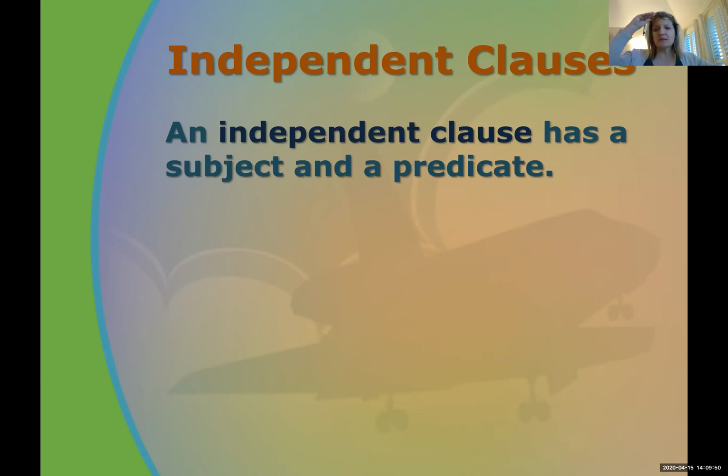What's something we've talked about this year that has a subject and a predicate? Let me give you another hint. Now, I can't put this one on the screen because it gives away the answer. But an independent clause is a complete thought. So it has a subject, a predicate, and a complete thought. What do you think?